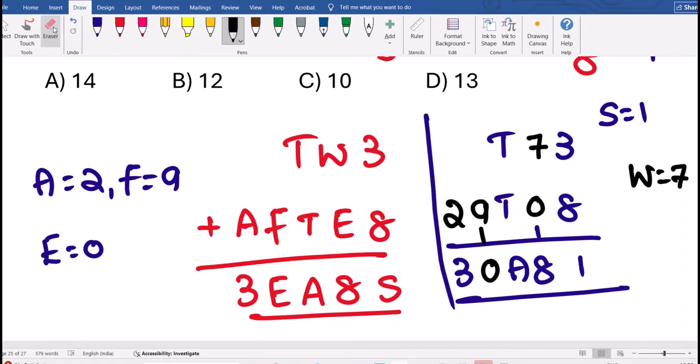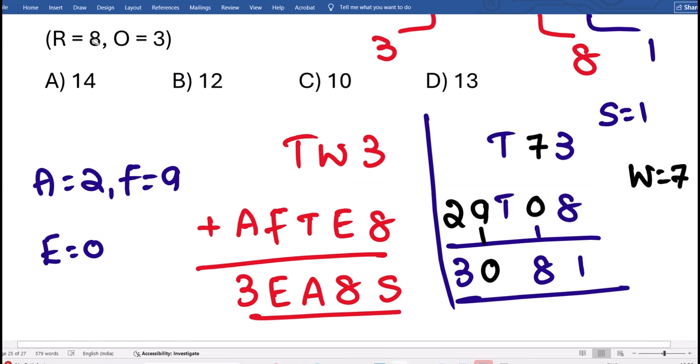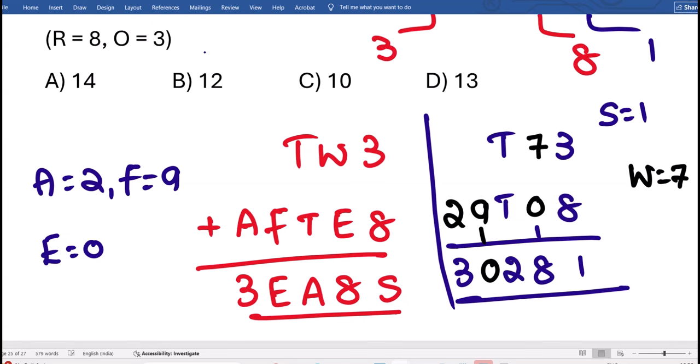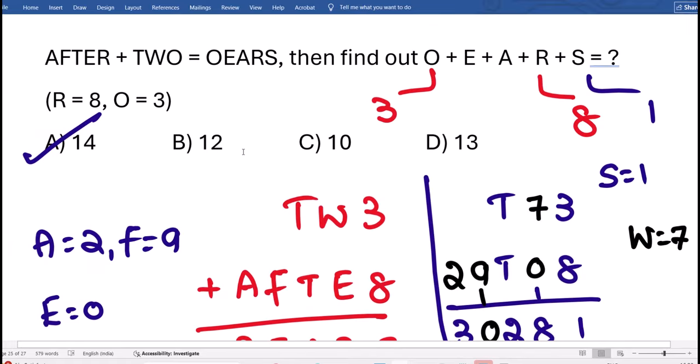T must be 6, satisfying that. Already A is 2, we can write A as 2 there. So 14 is the answer.